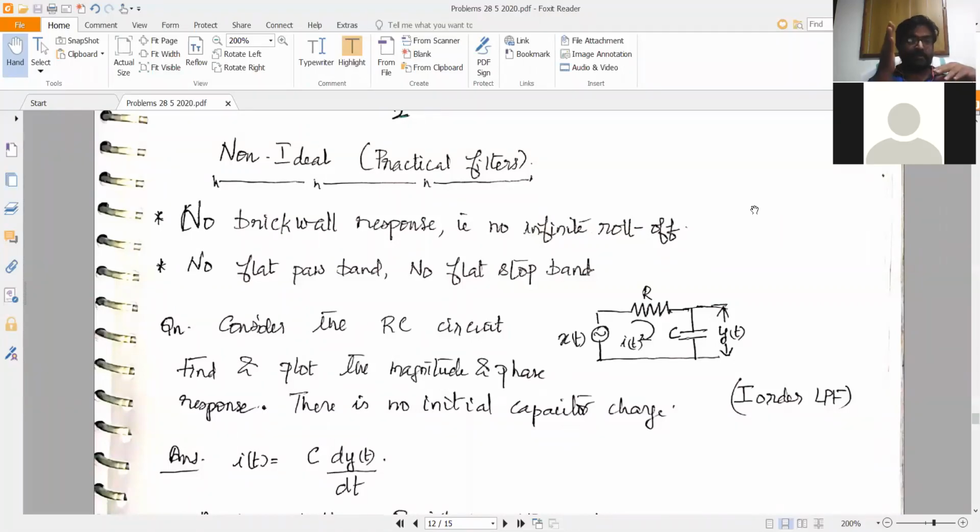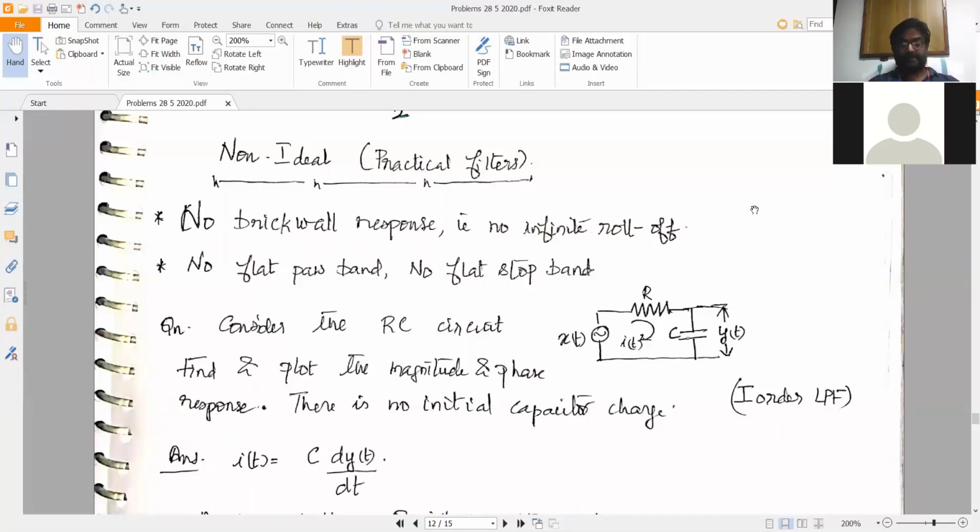The roll-off means that the transition from the pass band to the stop band is much faster in frequency. So when the roll-off is infinite, you get the brick wall response. So no brick wall response means that there is no infinite roll-off. Likewise, for these non-ideal filters, you cannot have a flat pass band and a flat stop band. So for these practical filters, you cannot have a flat pass band, you cannot have a flat stop band, and you cannot have infinite roll-off.